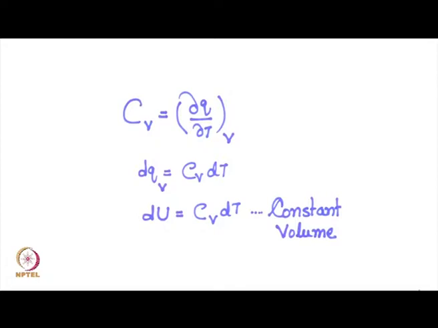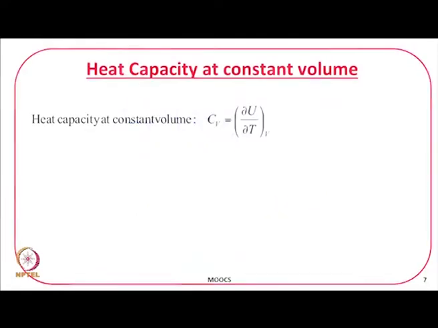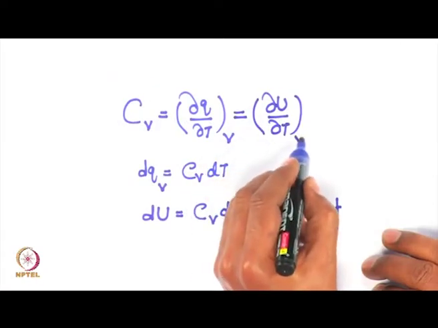The heat capacity at constant volume is defined as Cv is equal to ∂U by ∂T at constant volume, because dq at constant volume is equal to dU. Therefore, ∂q by ∂T at constant volume becomes dU by dT, or ∂U by ∂T at constant volume.